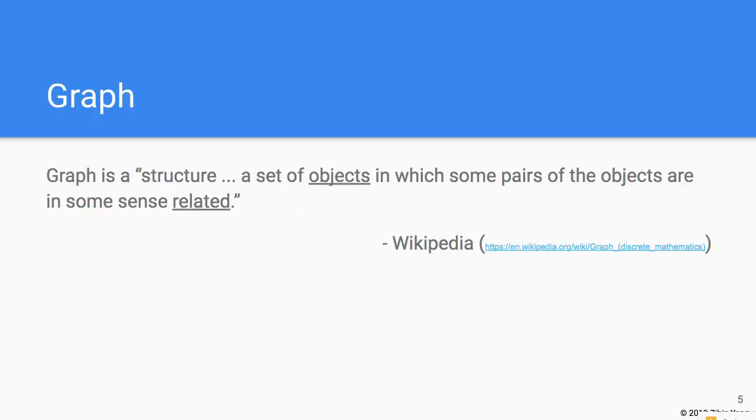So what is a graph? Well, according to Wikipedia, a graph is just a structure that is a set of objects, and some pairs of objects are in some ways related to each other. It's very general, almost even vague. So let's dig a little deeper into it. I highlighted the words objects and related.